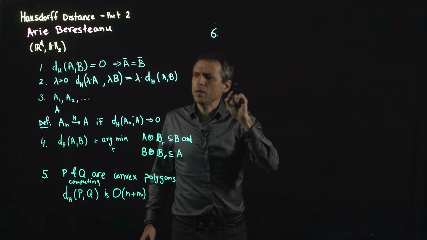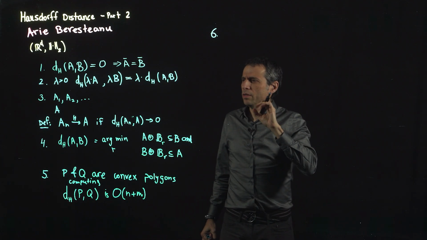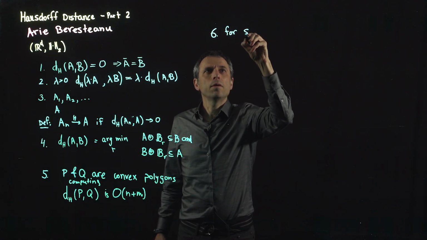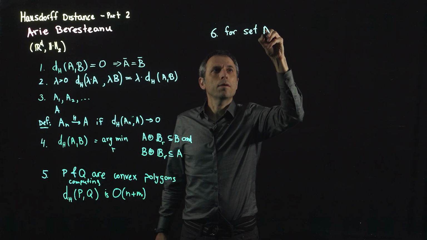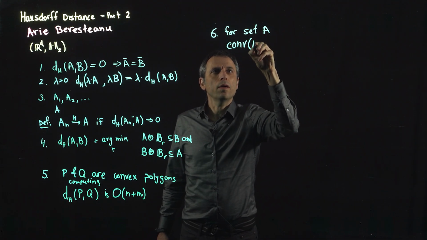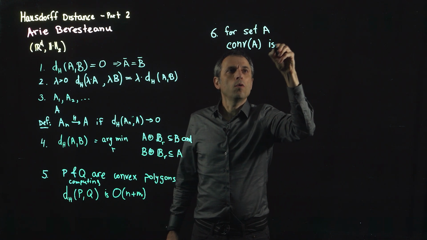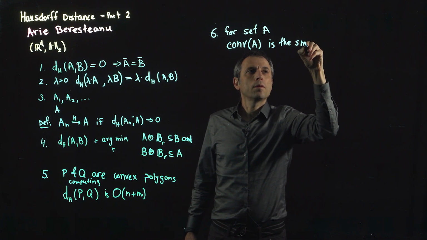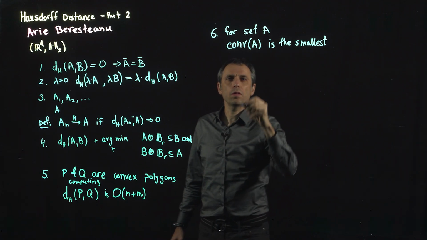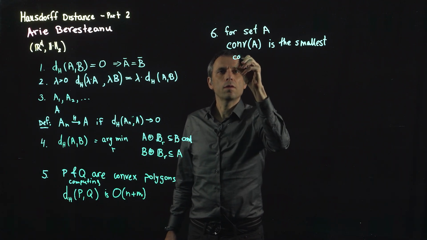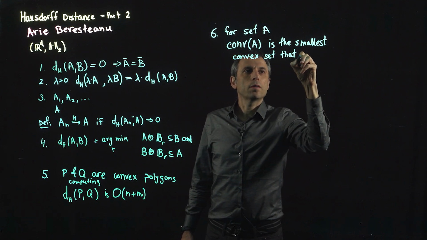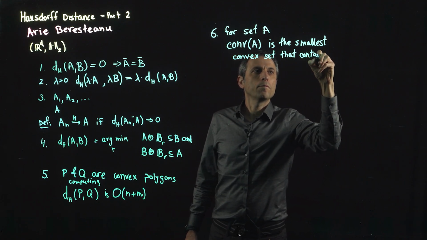So first of all, the term that I want to define here: for a set A, the convex hull of A is the smallest, in terms of inclusion, convex set that contains A.